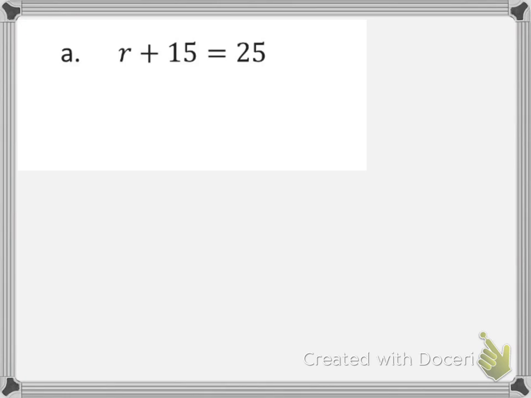Alright, our job today is to describe all of the values for r, our variable in this case, that will make this statement true, and all of the values for r that will make the statement false. So we worked on this in class yesterday.